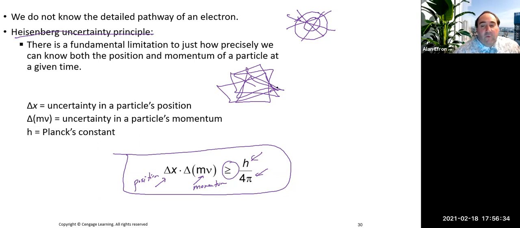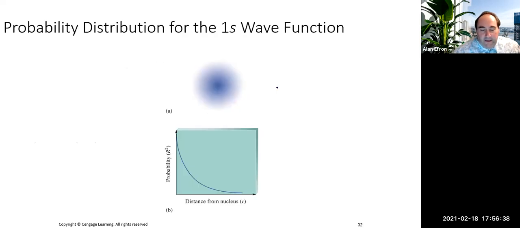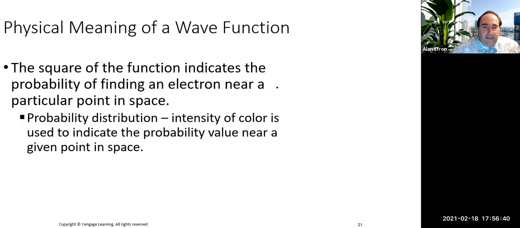So as we move away from Bohr's model of the atom, we're not going to think about electrons hanging out in circular orbits, but in what are referred to as atomic orbitals. And what are atomic orbitals? Well, they're really probability maps.